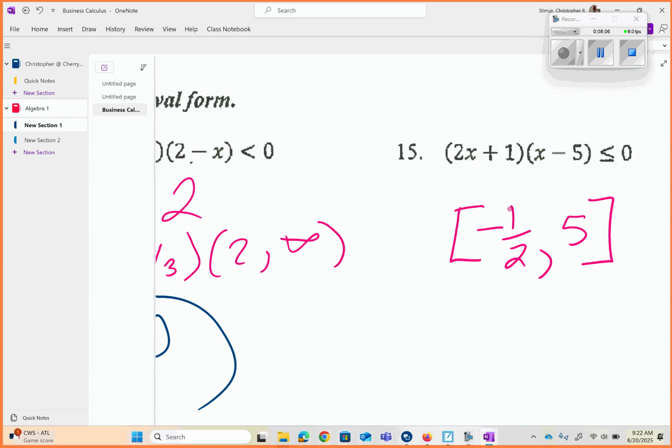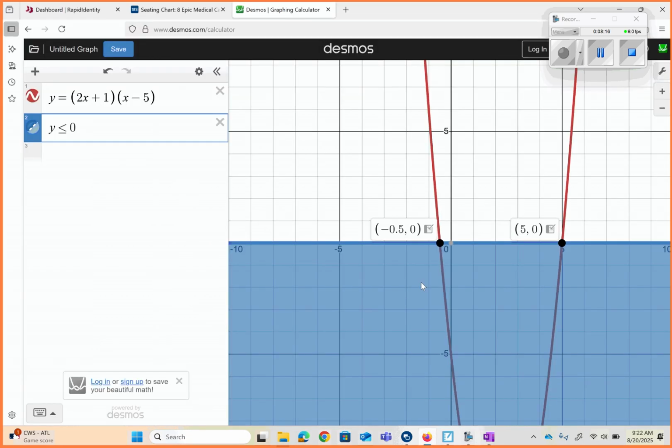And that's how you can walk through all those problems. Notice this one doesn't deal with the infinities because you're talking about in between those. And when you look at the graph, you're like, okay, the portion of the graph that is below in the blue region is in between negative 1/2, and we include that point because you have the equal sign, so that's the square bracket up to the 5. Okay?